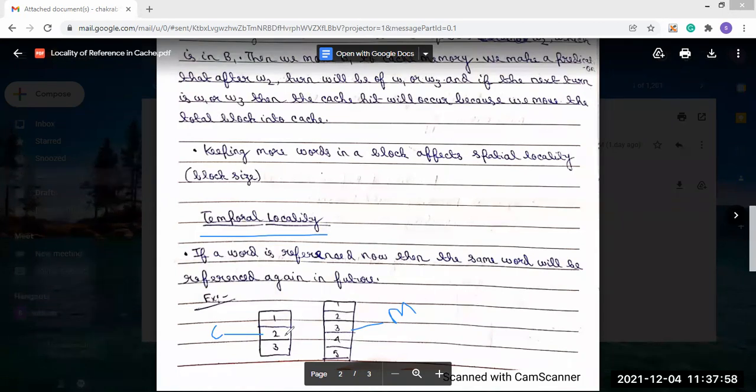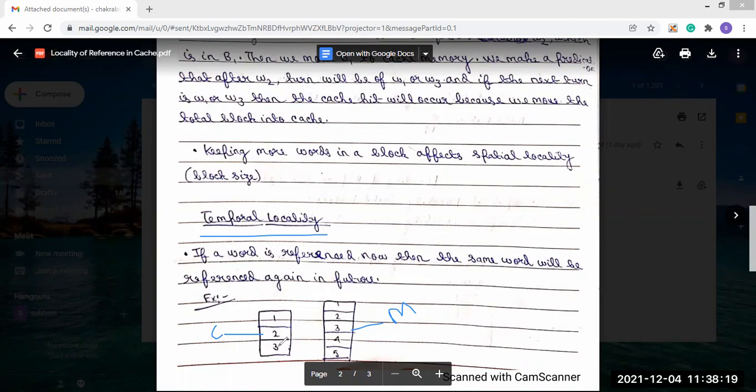Now we have to check which block came most recently. The block which came most recently is block 3, because the third block came just now, and after that the 4th block will come.